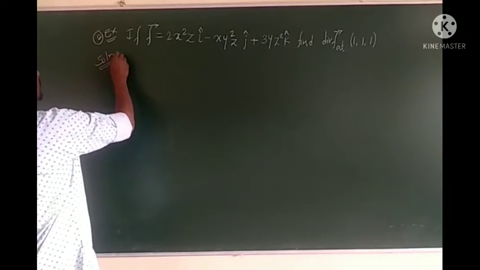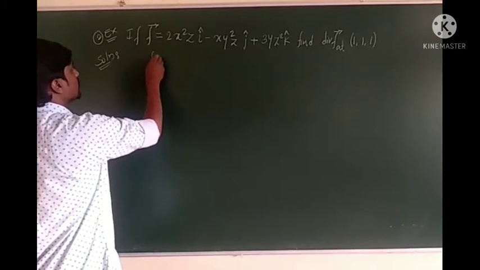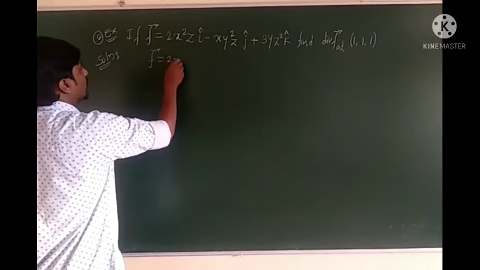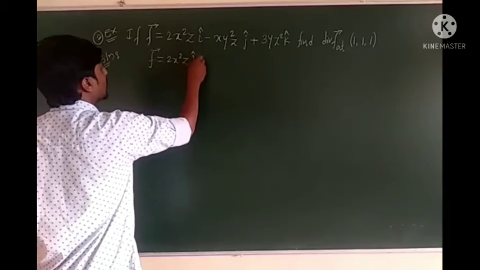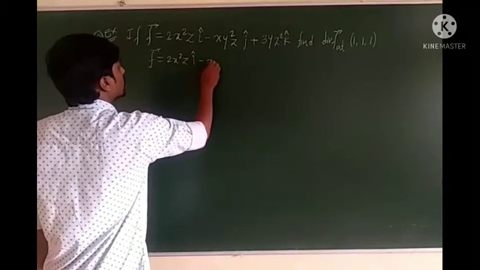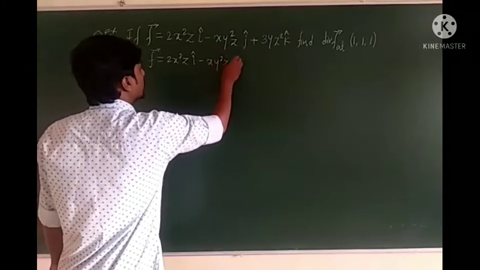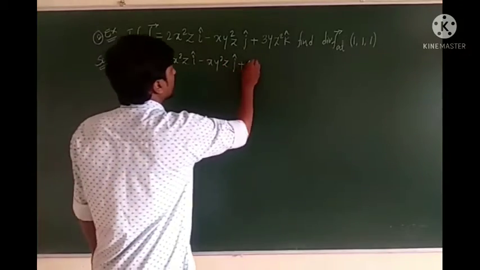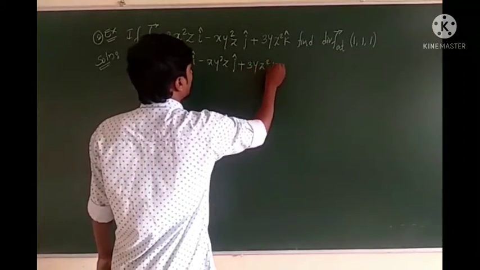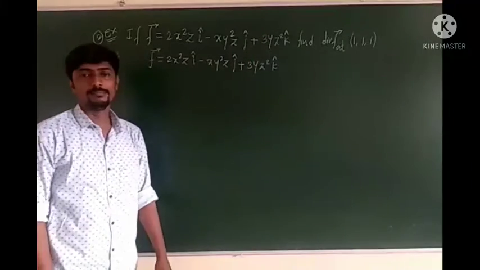So write down the function first. Vector f is equal to 2x square z into i cap minus xy square z into j cap plus 3y z square into k cap here.